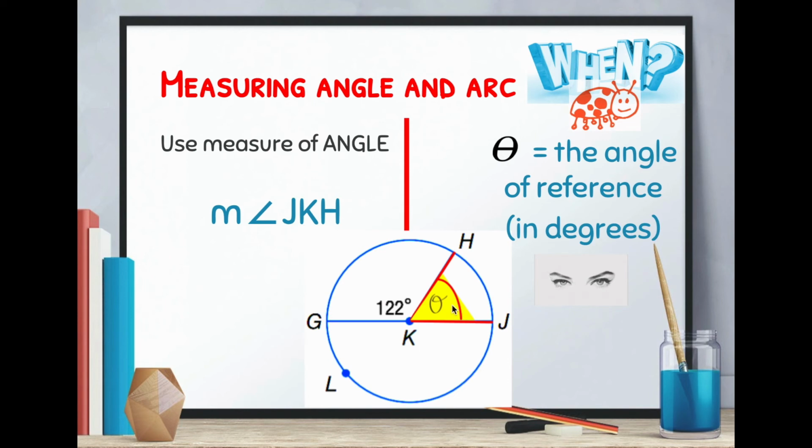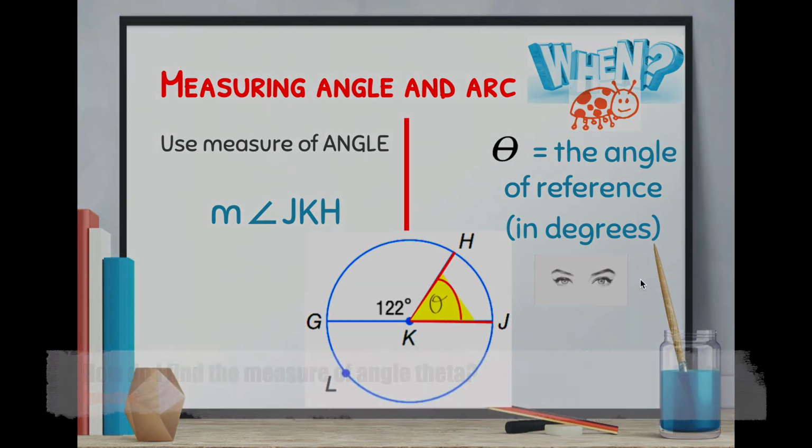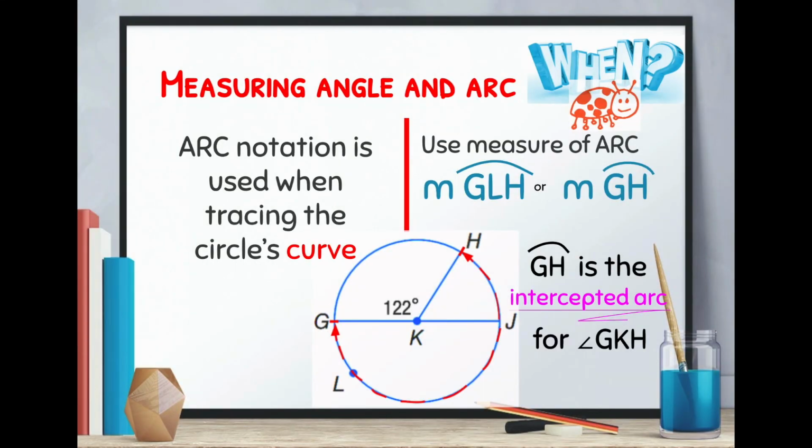If I need to find that angle, do you remember what we need to do? We're going to use the arc. We are using the arc notation when we're tracing the circle curve. And I know it's curved because of this symbol, but let's say I'm not sure, I can go ahead and trace it. If I go through GLH, remember GLH, go this way.